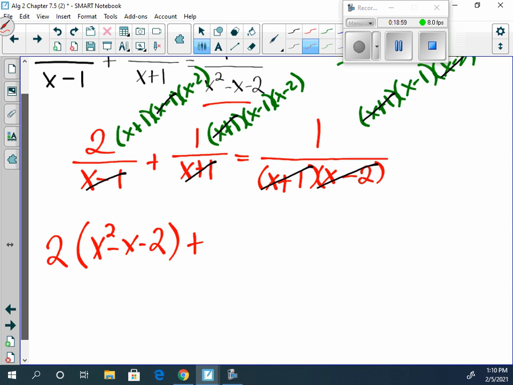Plus, 1 times, well, we have x minus 1 times x minus 2. So that one we don't have listed already, but we'll have to multiply it out, is equal to, well, the only thing left over here is x minus 1 times 1, which will just be x minus 1, since it's being multiplied with 1.